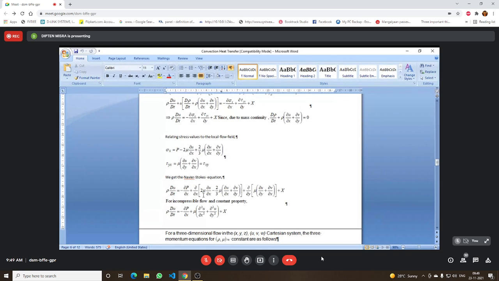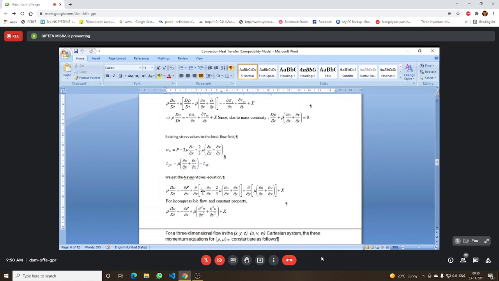And if you further differentiate this, it will come out to be rho du dt equal to minus del p del x plus, what will be the things?